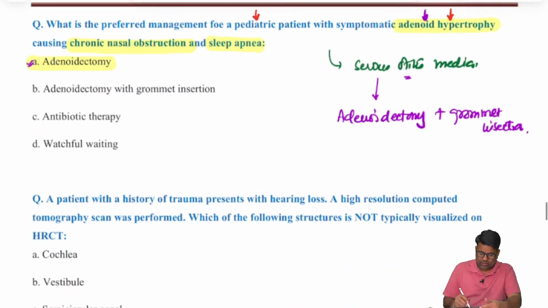Now, a patient with trauma had hearing loss, and when HRCT is done, high resolution CT scan, which structure will not be visualized? Now, on CT scan, we can see the cochlea, we can see the vestibule, we can see the semicircular canals, but we cannot mark out the organ of Corti, right?